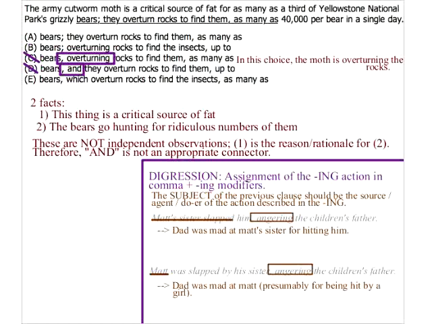What about the remaining choices? Well, how about this? When you see that kind of difference, you should definitely be thinking about whether that pronoun is acceptable.